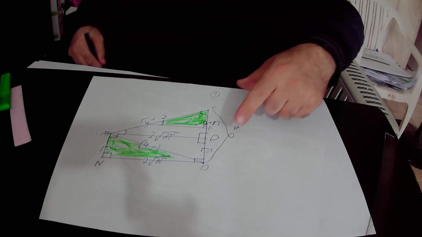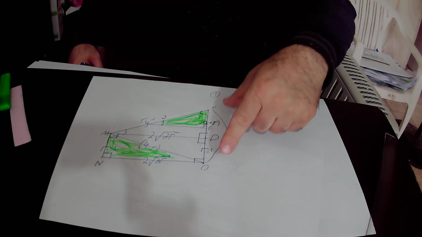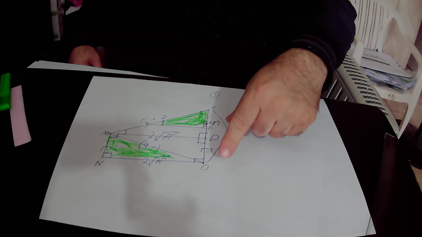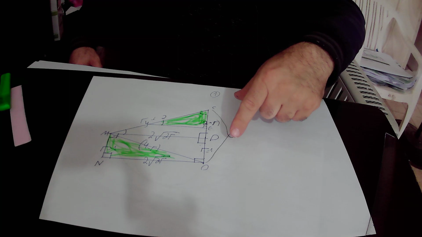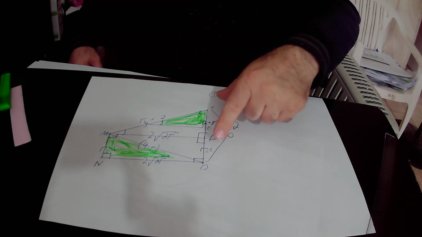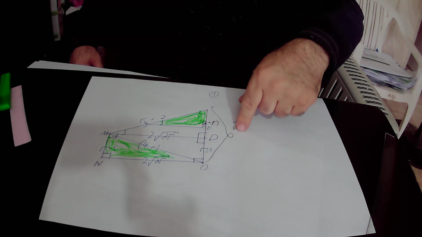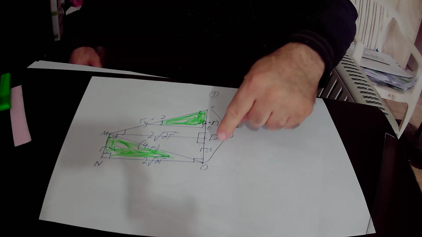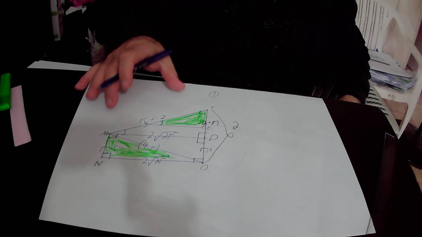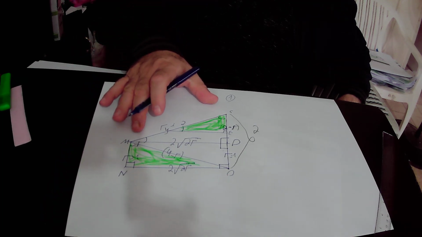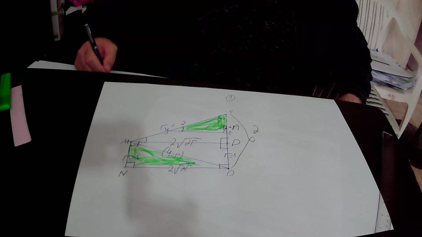Again, CD equals CO minus DO. CO is 2 units and DO is R, so it equals 2 minus R. And CM, you can see here, equals R plus 2.